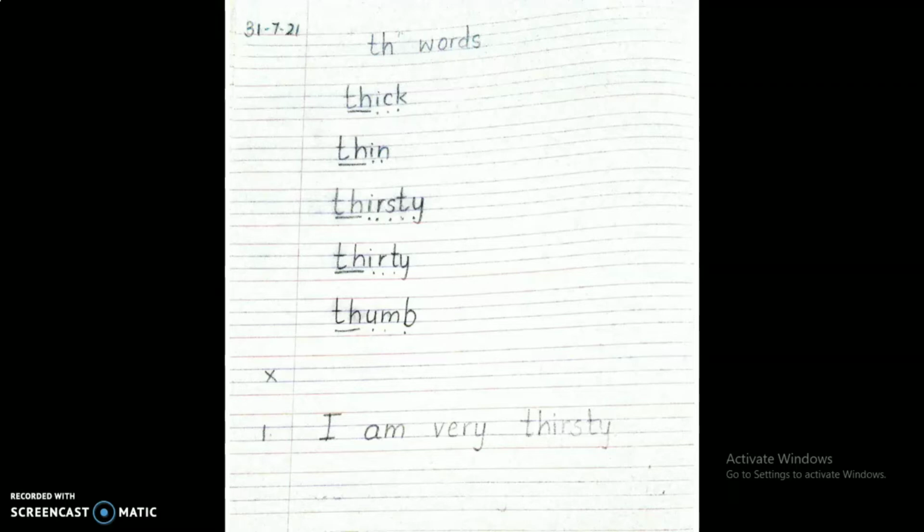Thick, thin, thirsty, thirty, and thumb. So we will underline the digraph th and we will read it again. Thick, thin, thirsty, thirty, and thumb. And we will frame one sentence. I am very thirsty.